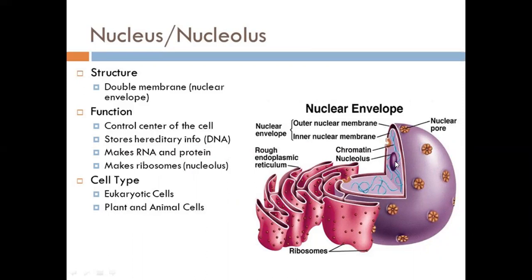Inside it, the center of the nucleus is known as nucleolus. Chromatin is there. And attached to the nucleus, there is another cell organelle which is known as rough endoplasmic reticulum, on top of which small dots are attached, which are known as ribosomes. About the rough endoplasmic reticulum and the ribosomes, we will be studying in the coming slides.